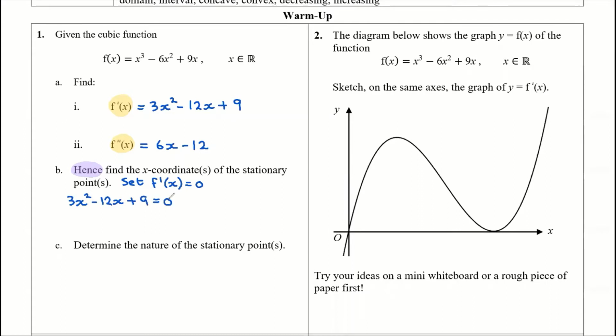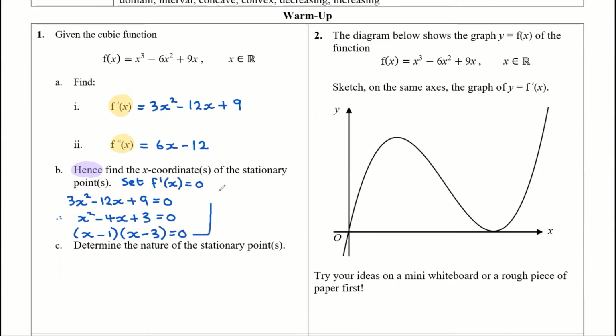Because this is an equation, I can divide through every term by 3 or factor out of 3, and note that 3 is never equal to 0, so we can disregard it. So therefore, x squared subtract 4x plus 3 is equal to 0. We can now factorize that, hopefully. So it looks like we're going to have x subtract 1 and x subtract 3 is equal to 0.